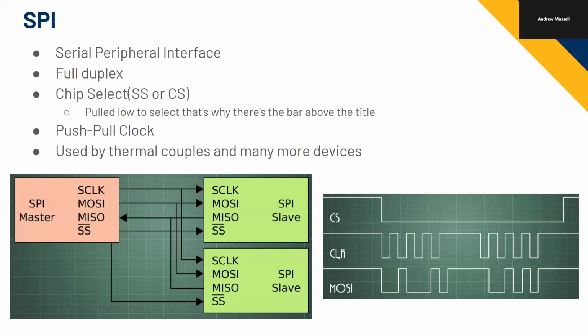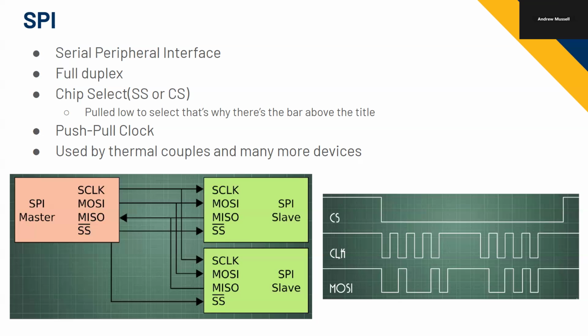Here, clock, MOSI, and MISO are shared, but chip select is a different wire per peripheral you want to talk to, and you only pull the wire low for the peripheral you want. So you don't need to send an address, because I already know which one I want to talk to. You save some data bits and can just send more data.